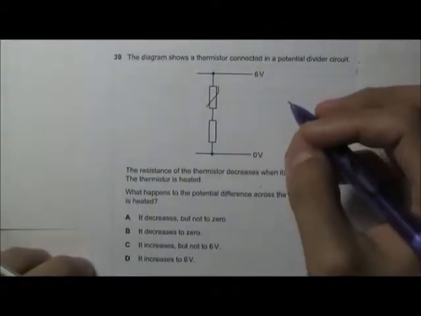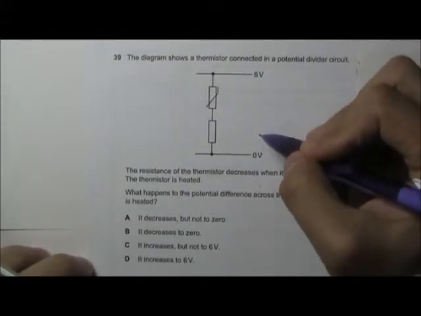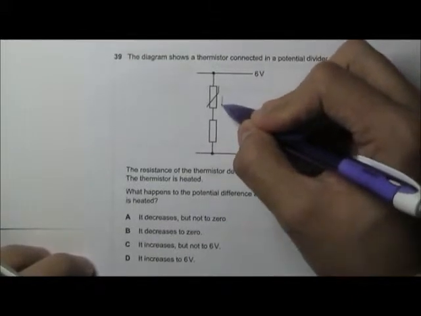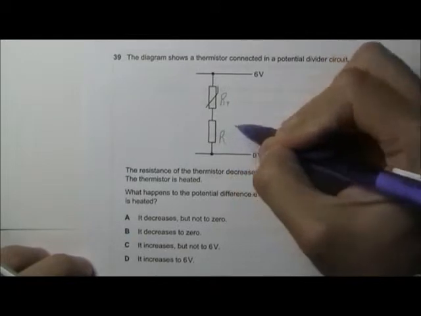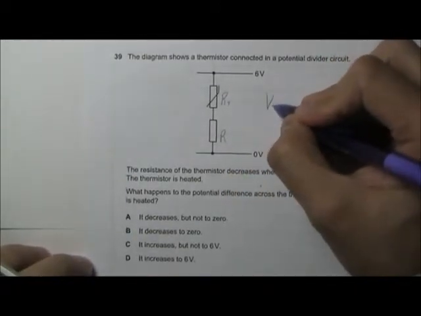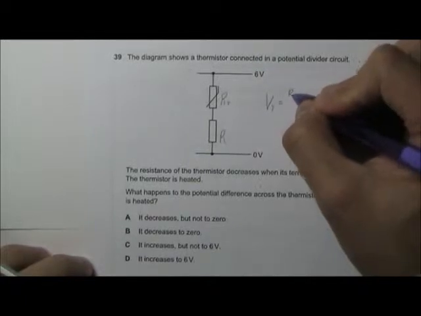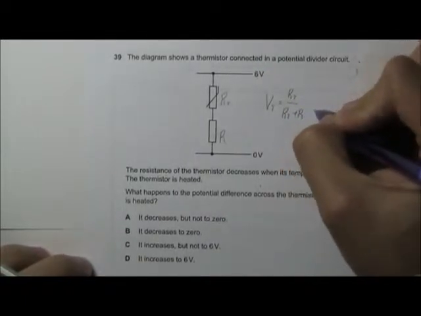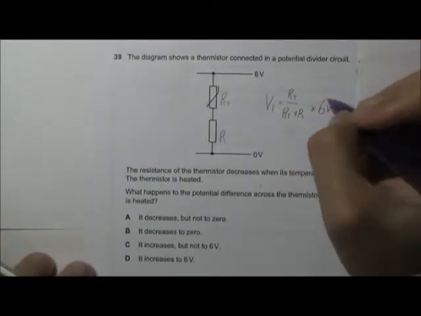Okay, we are dealing with a thermistor. So it's been connected in a potential divider circuit. Okay, so let us label the resistance of the thermistor as RT and this fixed resistor as R. To find the voltage across the thermistor, we will use the formula RT over RT plus R multiplied by the total voltage, which is 6 volts here.